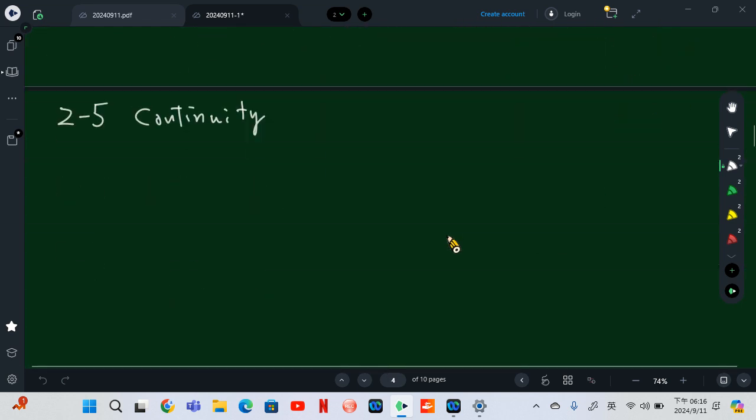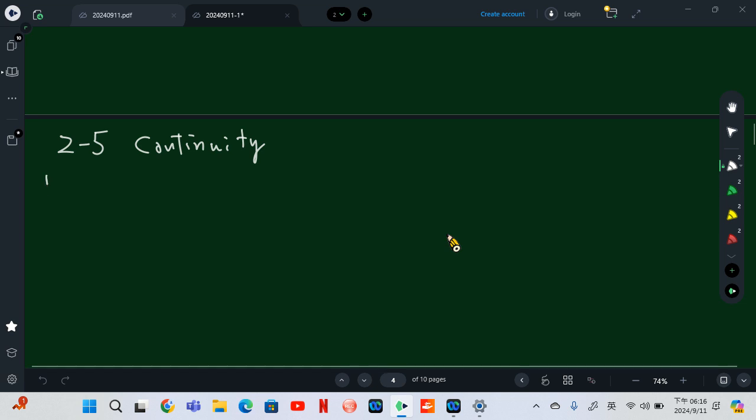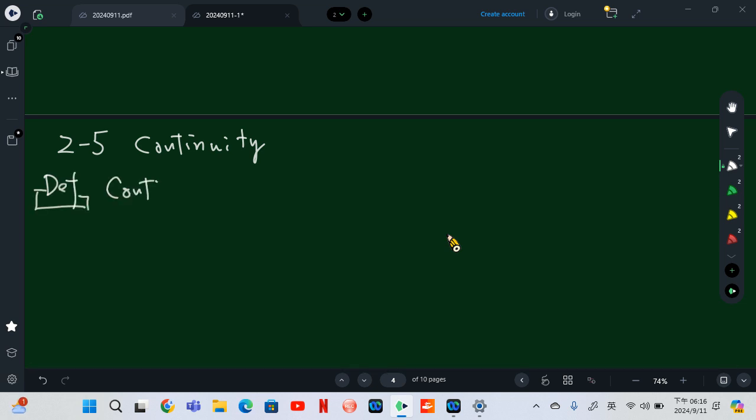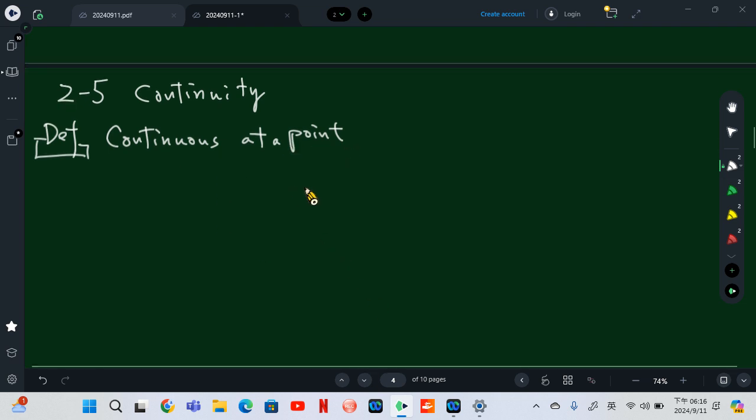Based on this idea, we will define what is continuous at a point. Let's just focus on continuous at a point, then we can gradually define whether the function is continuous for a certain interval.